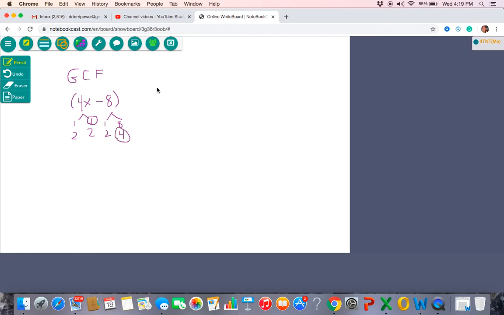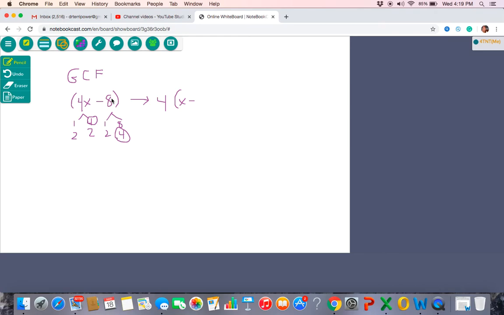So to factor out this polynomial, I'm going to take 4 and place it outside of the parentheses, which leaves x inside the enclosure of the parentheses.